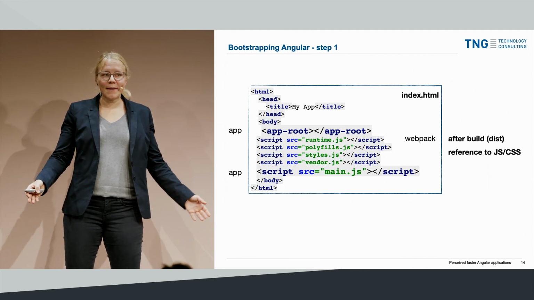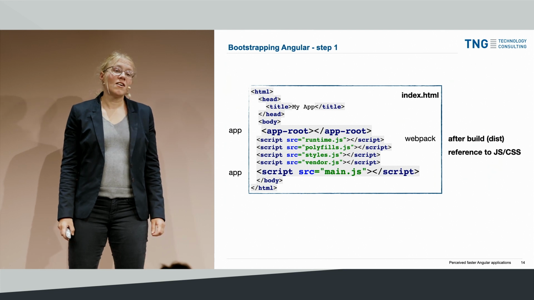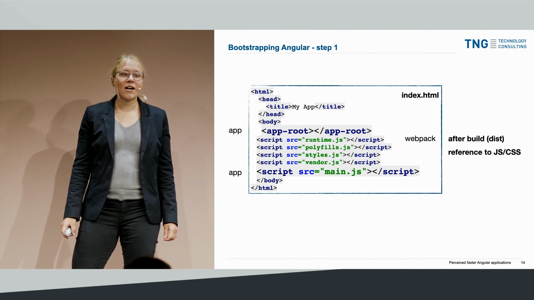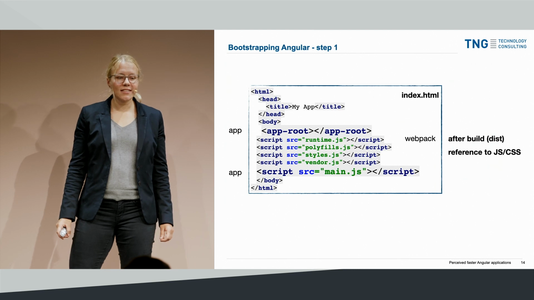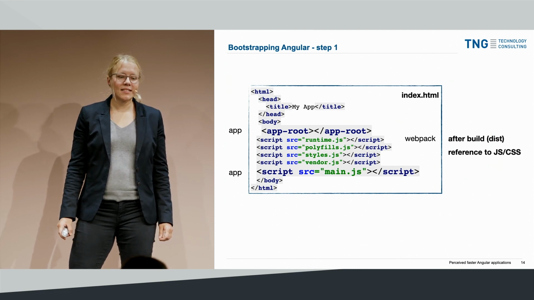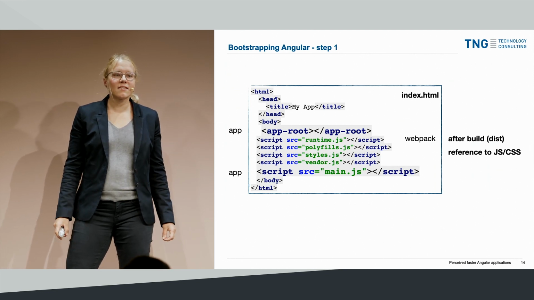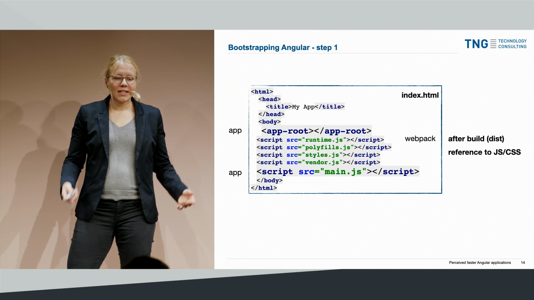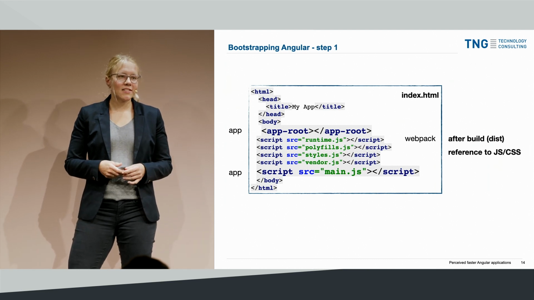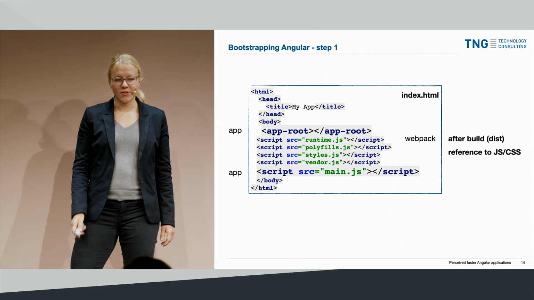So it's more or less empty. We have our app root HTML node, where in the end, our app is going to be projected into. And we have for sure all the JavaScript dependencies and also the style, either in a JavaScript or CSS bundle. And at the very end, there's the main JS file, which is containing the code of our application.